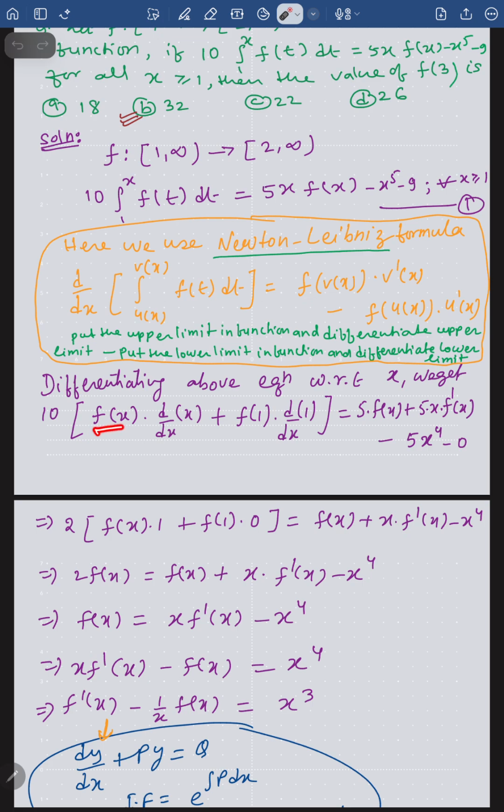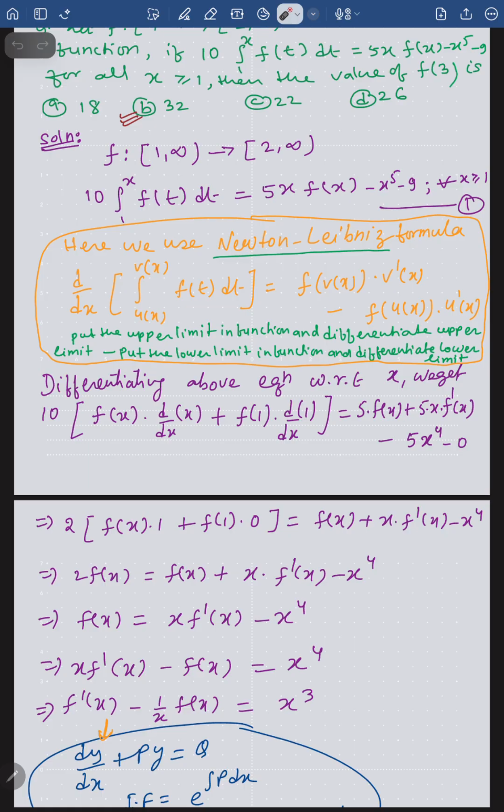So f(t) was there, so f(x) directly, and then differentiate the upper limit. Our upper limit is x, so d/dx of x, plus next we put the lower limit in the function. Our lower limit is 1, so f(1), and differentiate the lower limit, so d/dx of 1, which will give you 0.